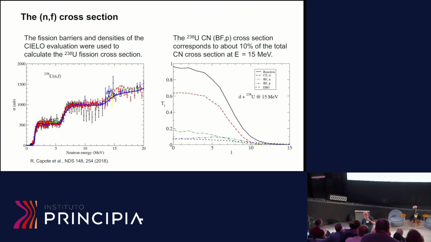Well, let me say one thing. You notice the difference at low energy. No, more absorption of protons. No, you have more emitted protons, isn't it? No, more emitted neutrons.